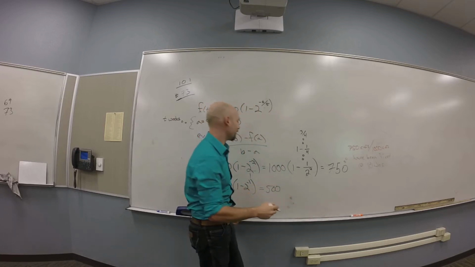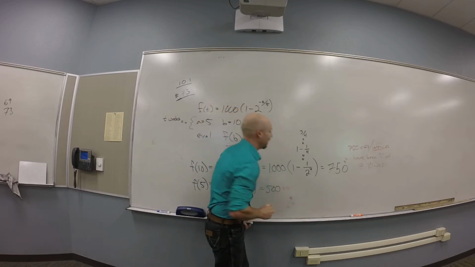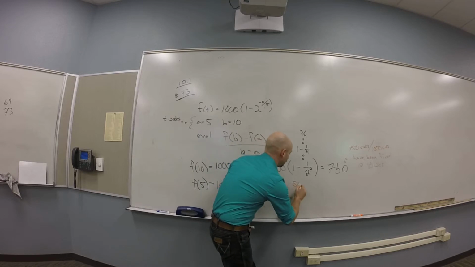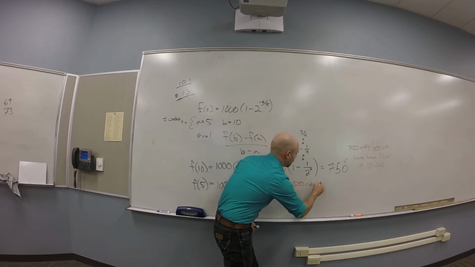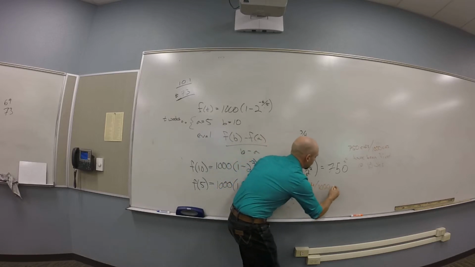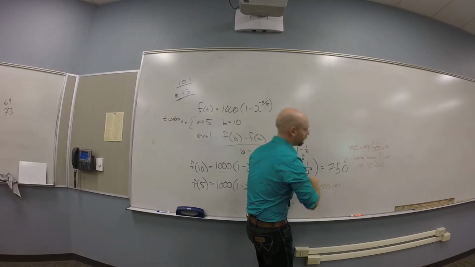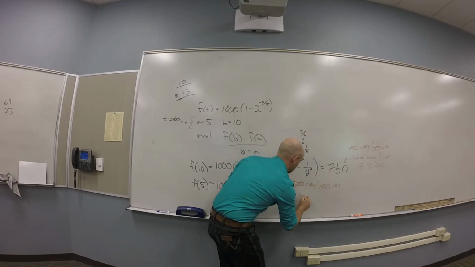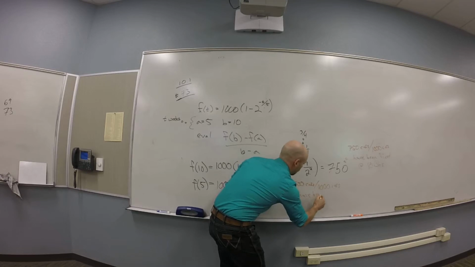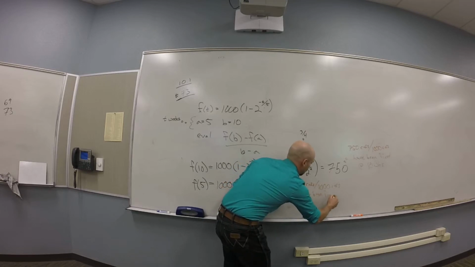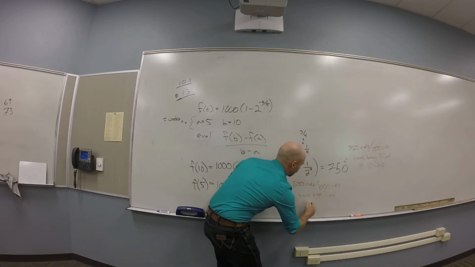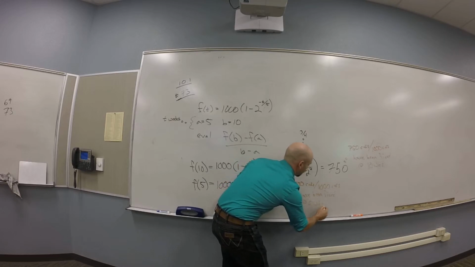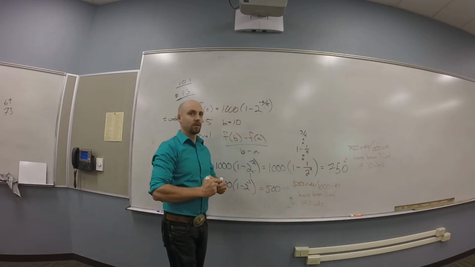So this is 500 cars per 1,000 cars. Right, 50% have been fixed at 5 weeks. You guys all with that?